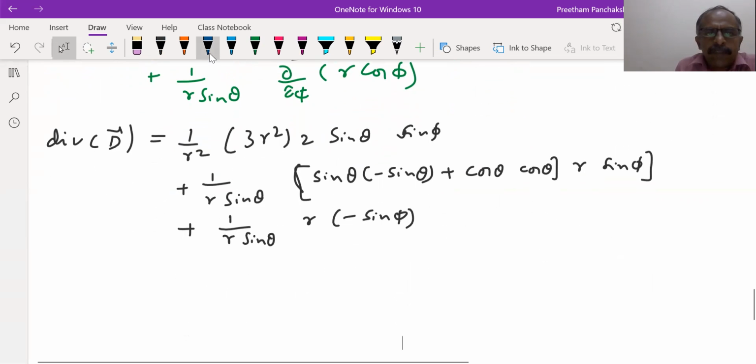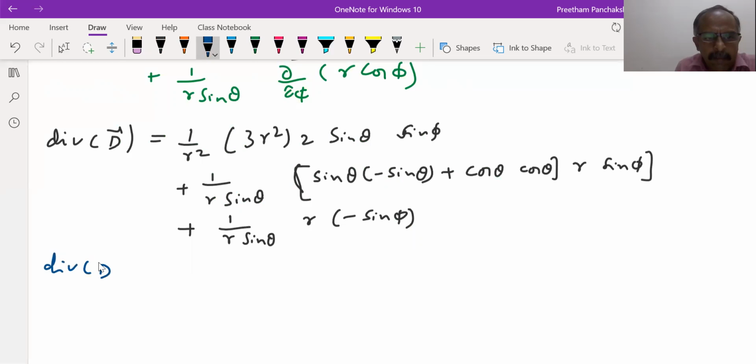So let us simplify. Div D is equal to, here r square cancelled. 3 into 2, 6 sin theta sin phi. In the second term, r is cancelled.